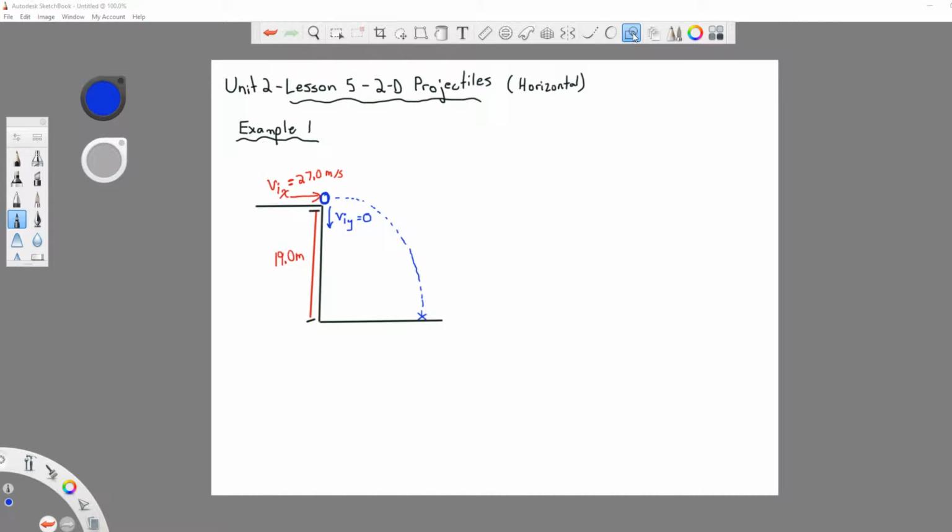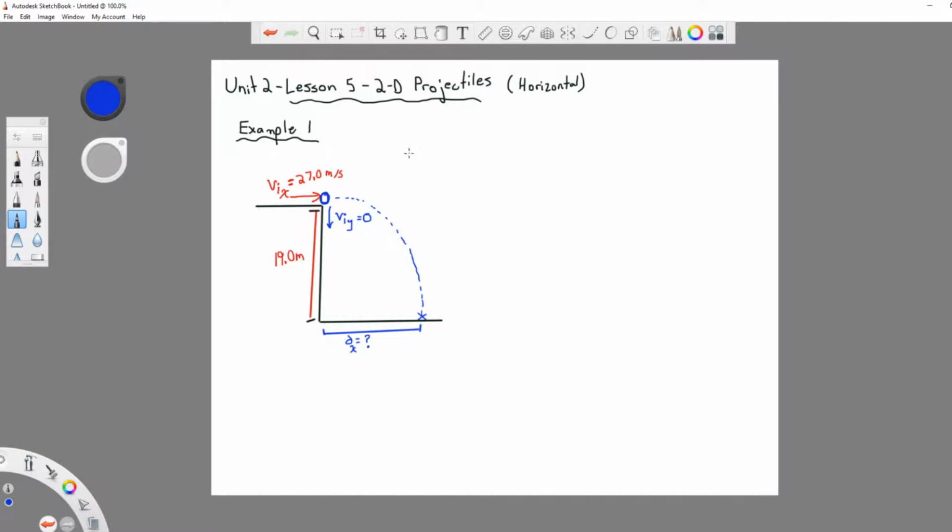Okay, well, really, that's what the question is asking us. The question is asking us to determine this displacement here. So this displacement is equal to what? This is the displacement in the x. Okay. So with that in mind, we can split this question up, sort of like we've been splitting things up in past lessons.